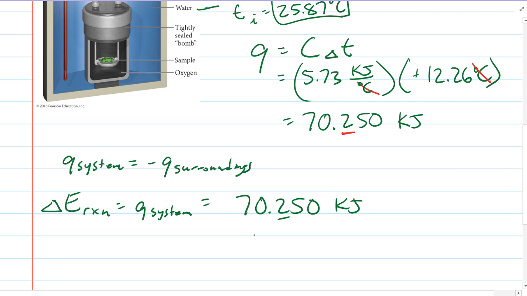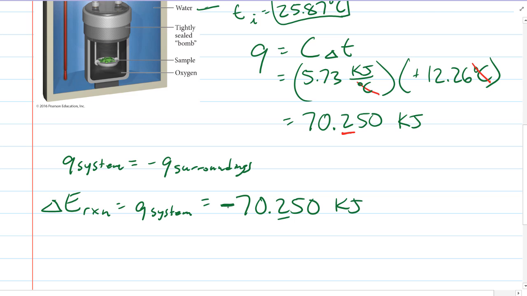But what is the sign going to be on the system here? The sign is going to be negative, because the Q value for the system must equal the negative of the Q value of the surroundings. The calorimeter is part of the surroundings. We want to figure out what the value is for the system.